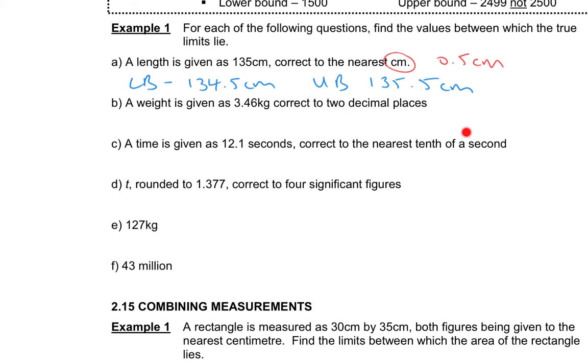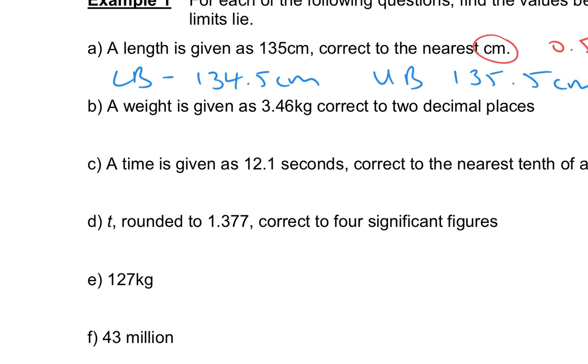Part B, a weight is given as 3.46, correct to 2 decimal places. Now in this type of question, I think the easiest thing that we can do here is put a 0 onto the end. So if we think we're starting with 3.460, for a lot of us it's easier to work out that way. If you think about this end bit as 60, then the lower bound would be 3.455, so think of it like 55, and then for the upper bound, thinking of it as 65.